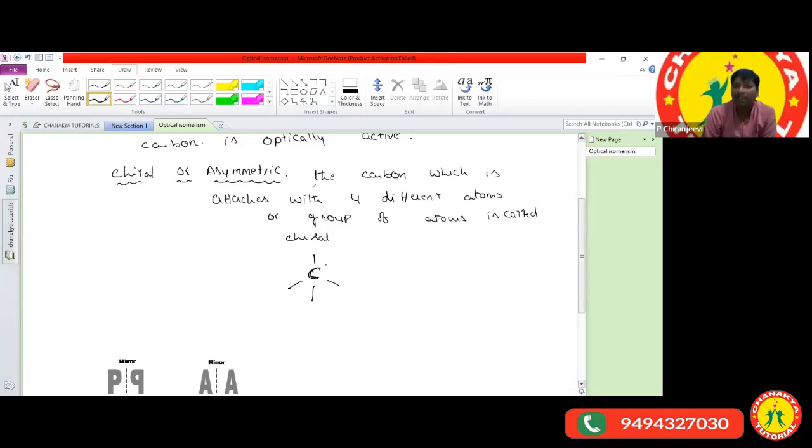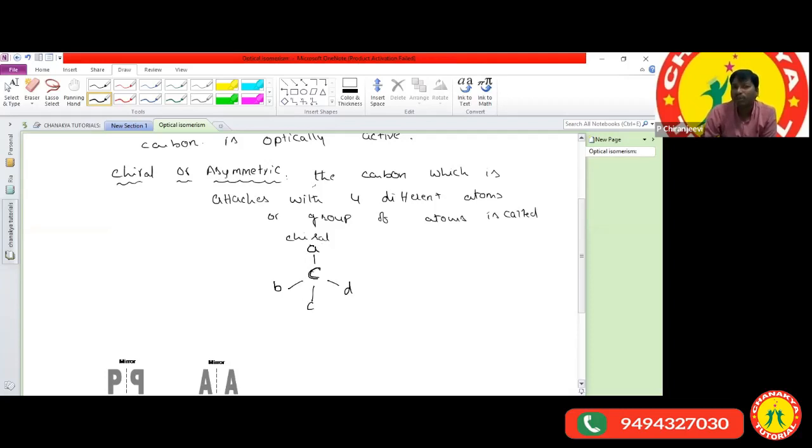So carbon is attached with four different atoms or groups of atoms. For example, here A is there, here B is there, here C is there, and here D is there. Now the carbon is attached with four different atoms or groups of atoms. The carbon which is attached with four different atoms or groups of atoms is called a chiral carbon.